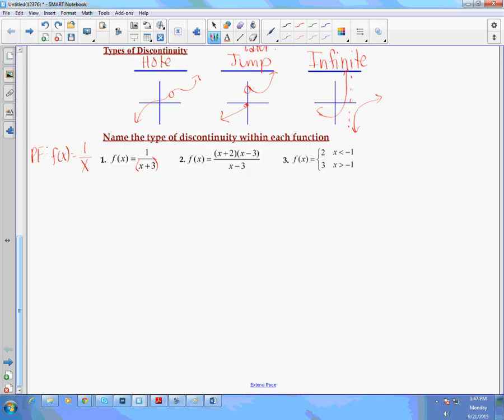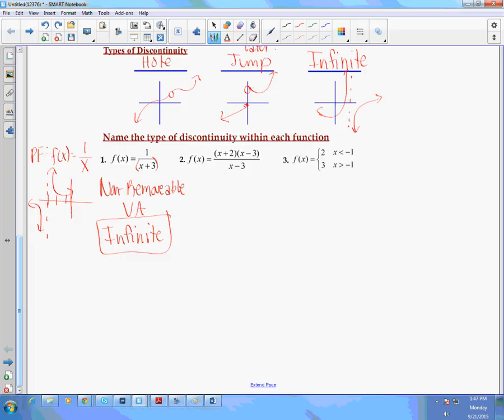Opposite inside, same outside. So we have our asymptotes shifted over. But this is a non-removable discontinuity, right? This is not cancelling in the numerator. So non-removable is a vertical asymptote, so it's our infinite discontinuity.